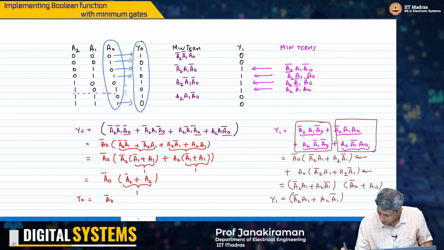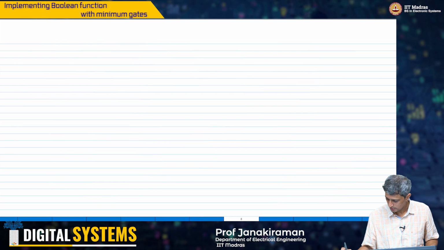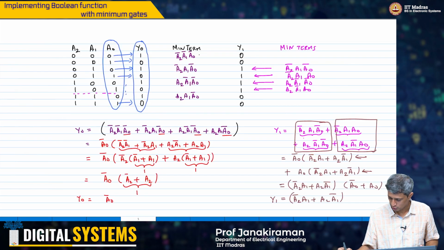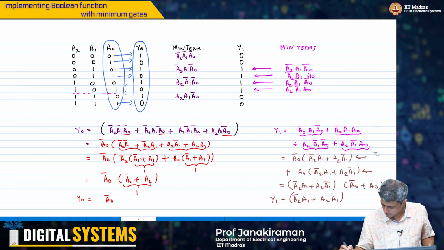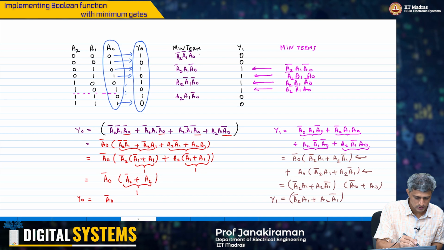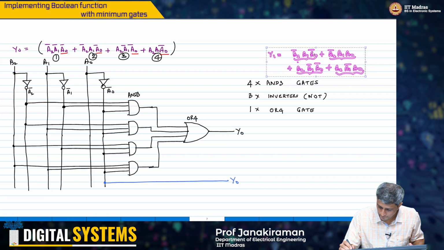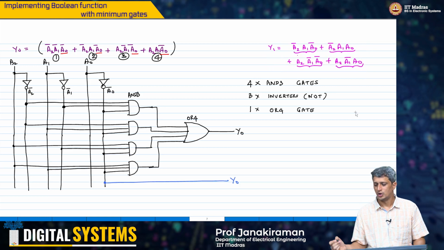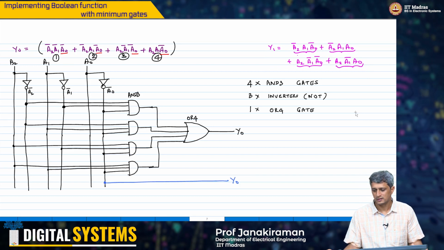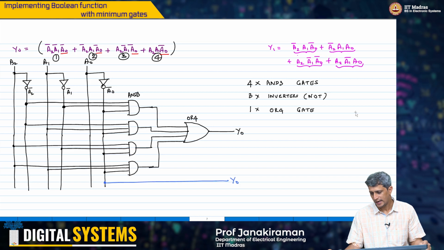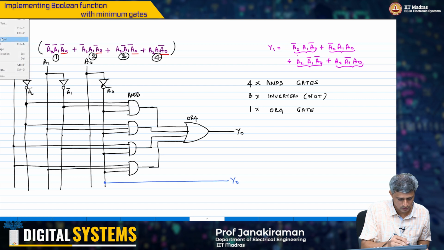So if you look at the number of resources needed to implement y1, let me copy that expression here. Again each minterm basically needs one AND 3 gate.